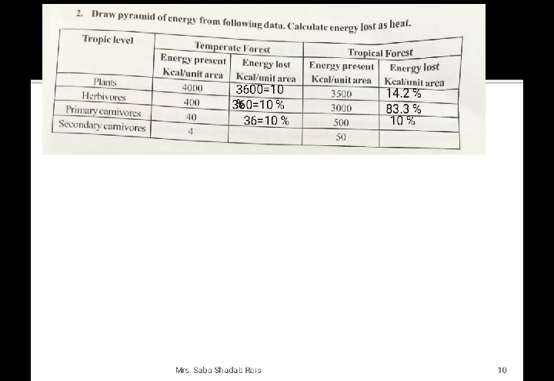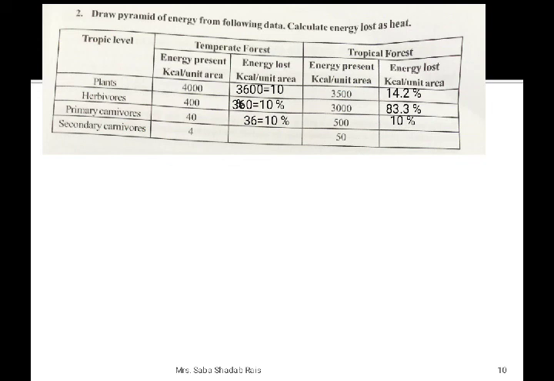Why? Because in the tropical rainforest, the number of herbivores is not that high. Understood? Tropical rainforests are dense forests, so they do not have so many herbivores. So that's why the energy lost is a little less. You will observe it is only 14.2%.